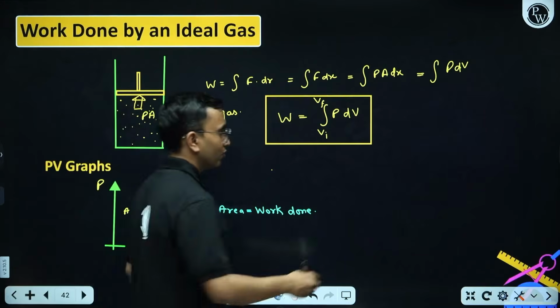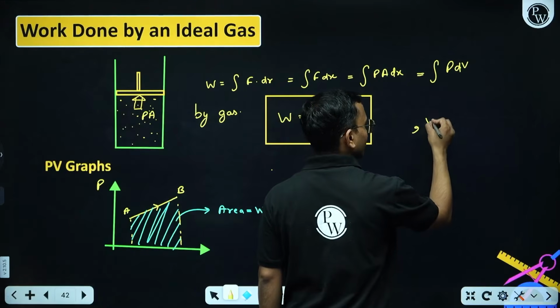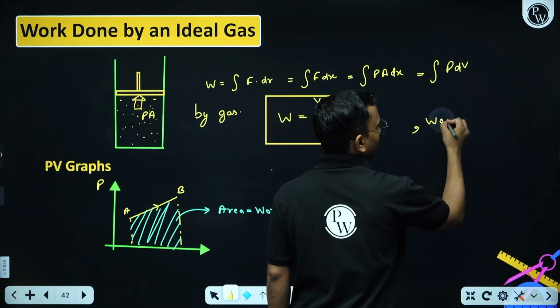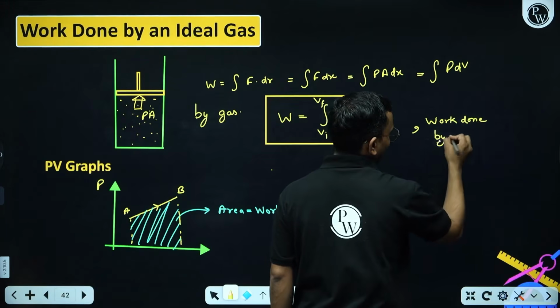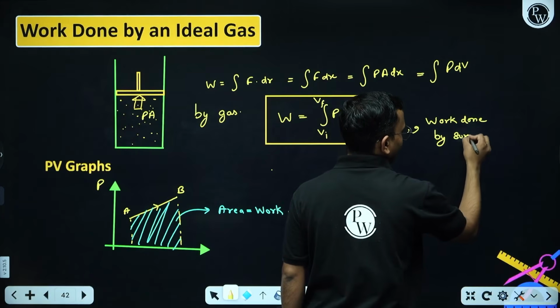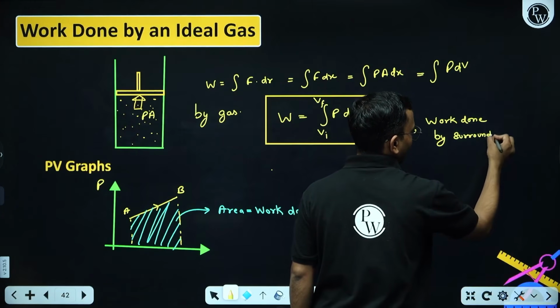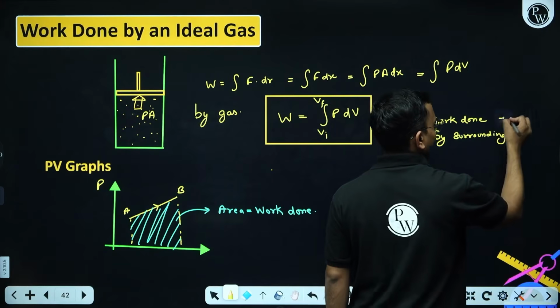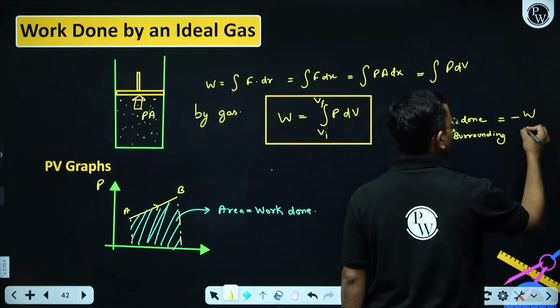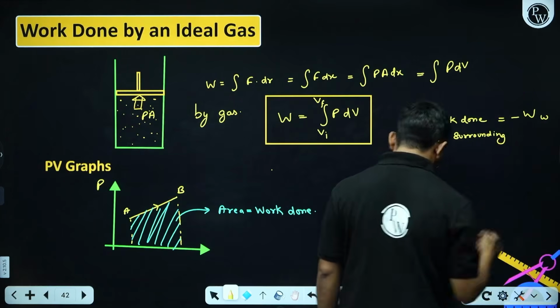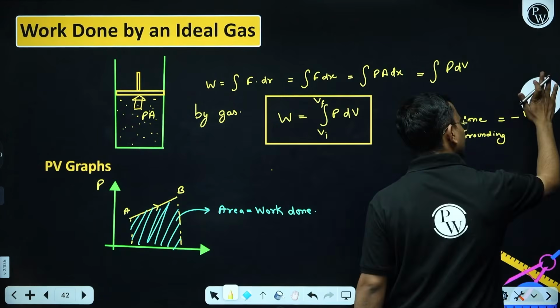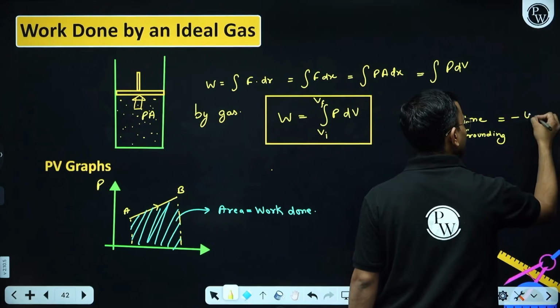So work done by surrounding is negative of work done by gas.